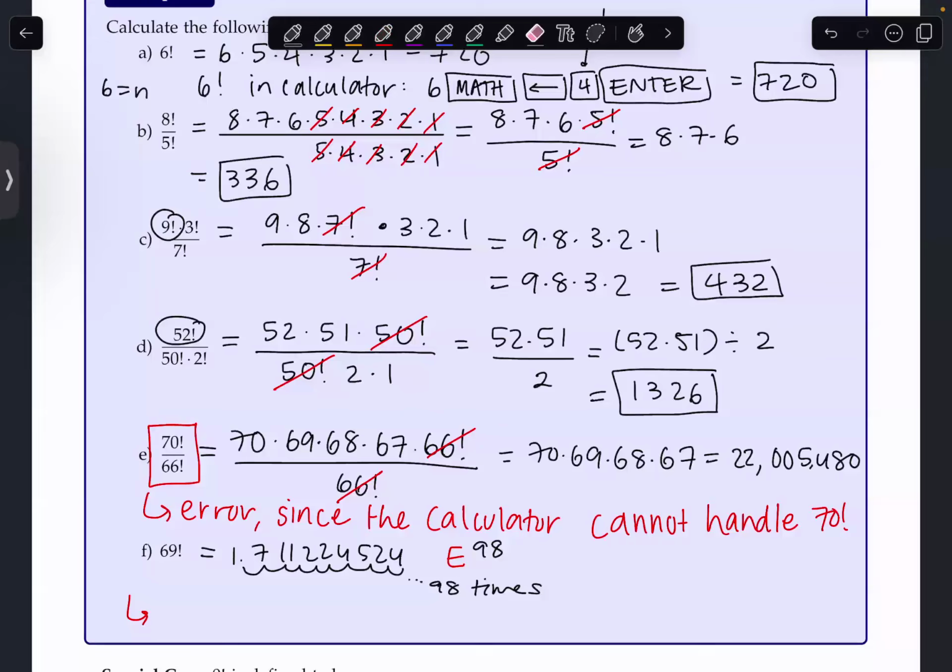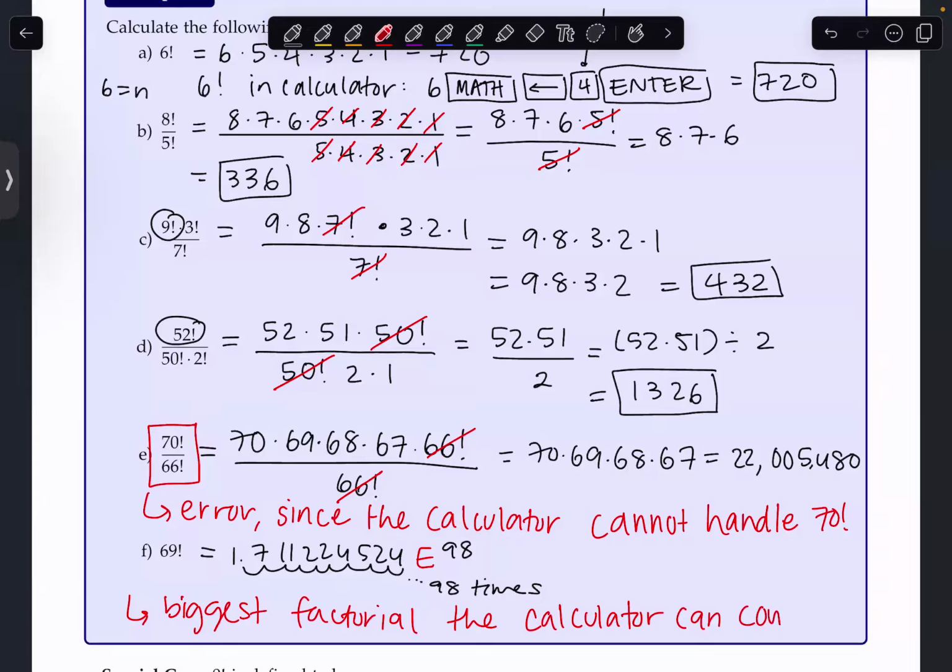And that's the fancy way of saying multiply by 10 to the 98th power. So that's really what that means there. Okay, so this is the biggest factorial the calculator can compute. And even then, the way that it gives you the answer, it's almost unreadable. It's not really obvious what the number is here.